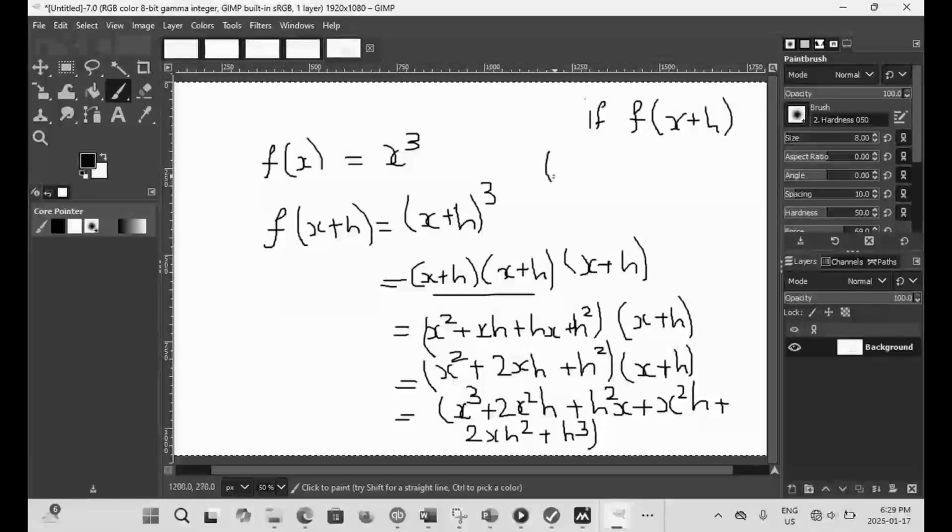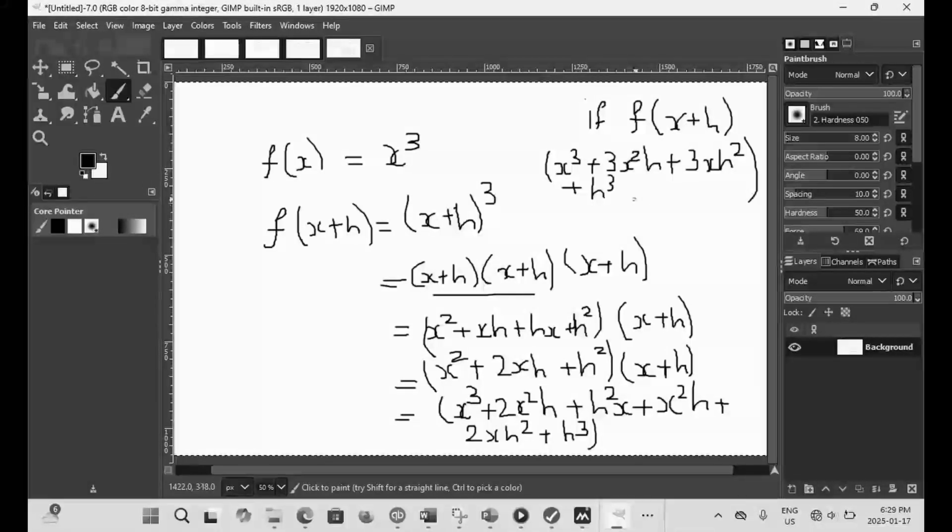So this is x cubed plus 3x squared h, plus 2xh squared plus 1xh squared, so this will be 3xh squared, plus h cubed, excuse me.